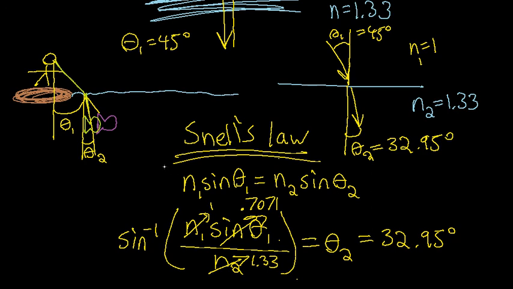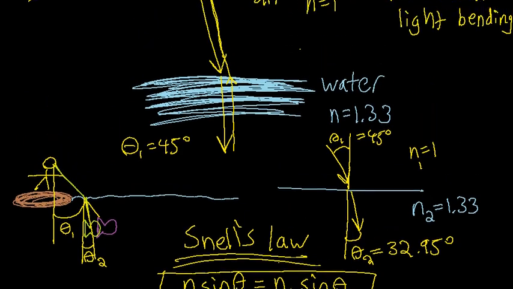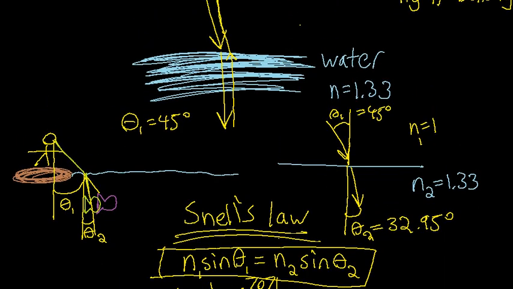So using Snell's law, it's a very good, easy way to determine exactly what light will do when it goes through different materials. And it allows you to calculate all sorts of instances, and we're going to use Snell's law next time to calculate something even weirder than a fish not appearing where you think it is.